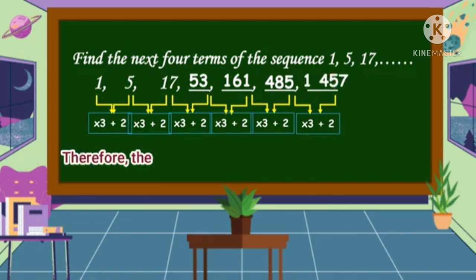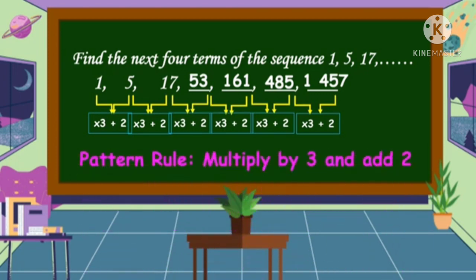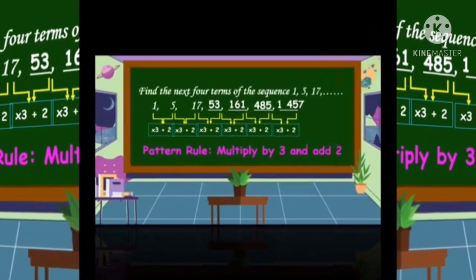Therefore, the next 4 terms are 53, 161, 485, 1,457. And the pattern rule is multiply by 3 and add 2.